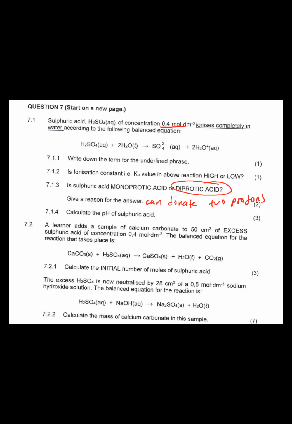Okay, so this sulfuric acid ionizes completely in water according to the following balanced equation. So why is this called the complete ionization of sulfuric acid? Why is this reaction representing the complete ionization of sulfuric acid?